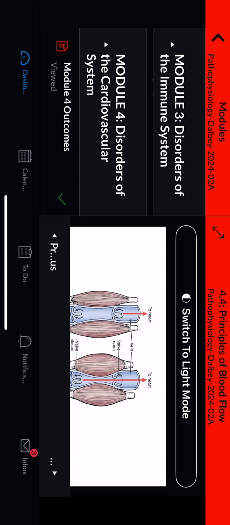So people who are immobile or don't walk very much and are not moving these muscles, we can prescribe them compression socks. Those are socks that go pretty high up the leg, and they act like these muscles to keep moving and squishing blood through those valves so it can keep moving towards the heart.